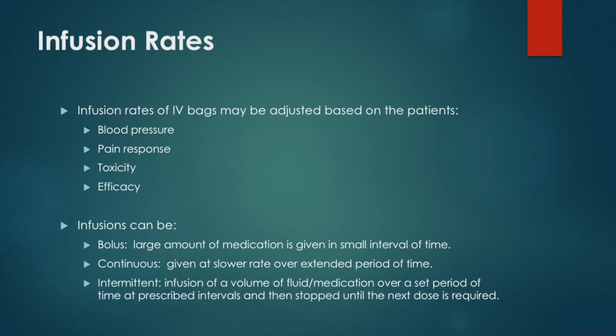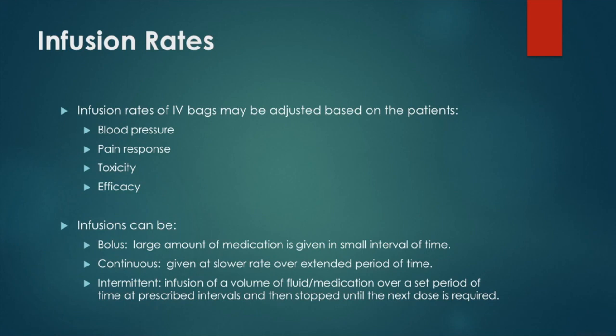Infusion rates can be adjusted based on many things. That's one of the beauties of being able to infuse a medication into a patient's vein, because for some of them you could adjust the dose based on the patient's blood pressure. Is it too high? Is it too low? The patient's pain response. Is the patient well controlled on the pain or not?